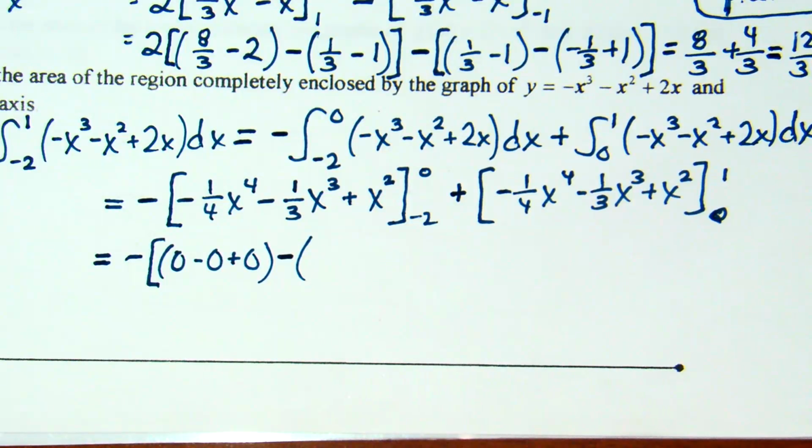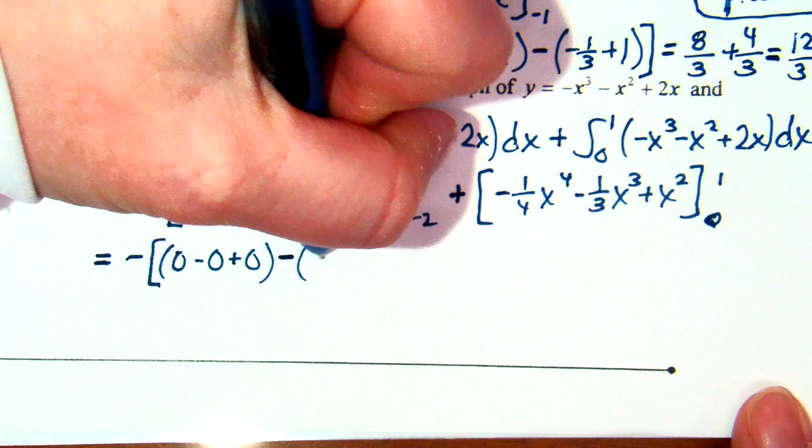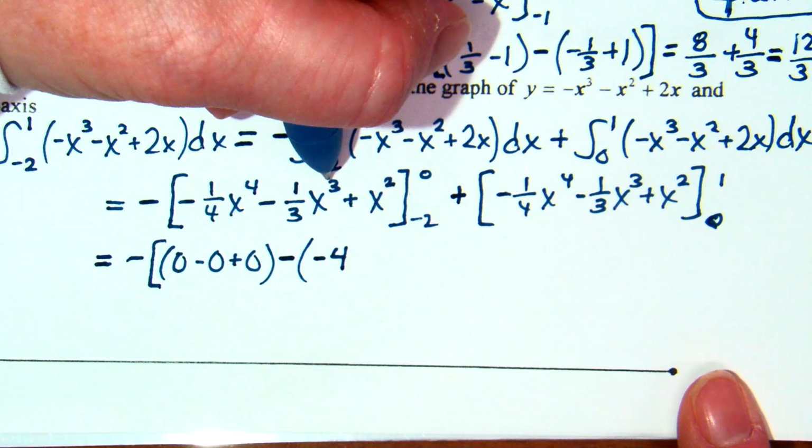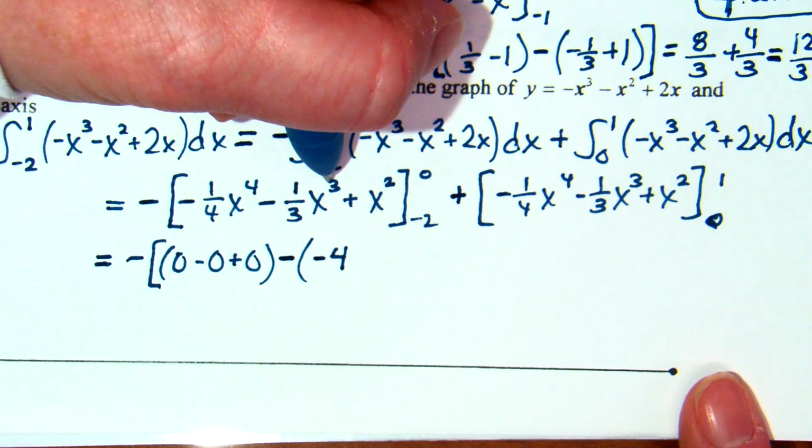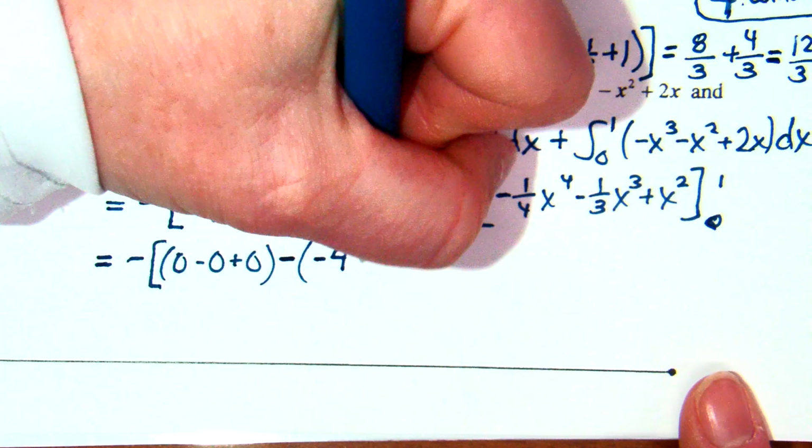Okay. Now putting in negative 2, negative 2 to the 3rd is negative 8. And the minus 1/3 is going to make this plus 8/3. And it's plus x squared, so plus 4. Okay, plus.